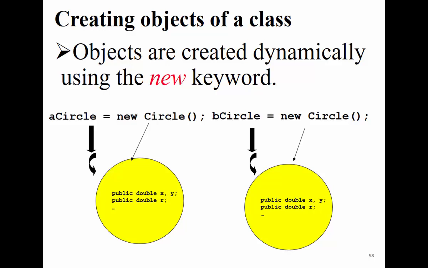So it has now an object in the memory, the object in memory from new Circle. As you can see, I use a constructor with no arguments. So I now have a Circle object in the memory. I can access x, y and r, and I can change the values later using aCircle. Any questions?